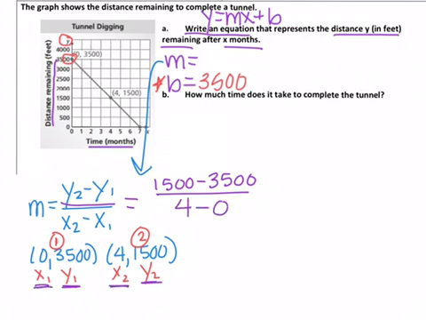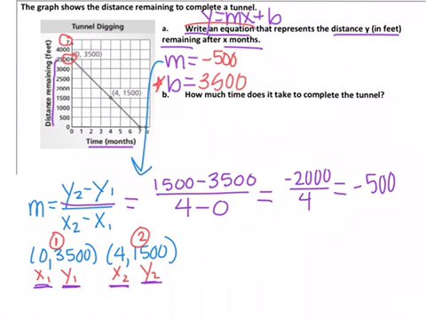Again, I just looked at what I labeled. So let's simplify this. 1,500 minus 3,500 is a negative 2,000 over 4 minus 0, which is 4. I can simplify this even more. A negative 2,000 divided by 4 is a negative 500. So that is our slope. Our slope for our equation is negative 500.